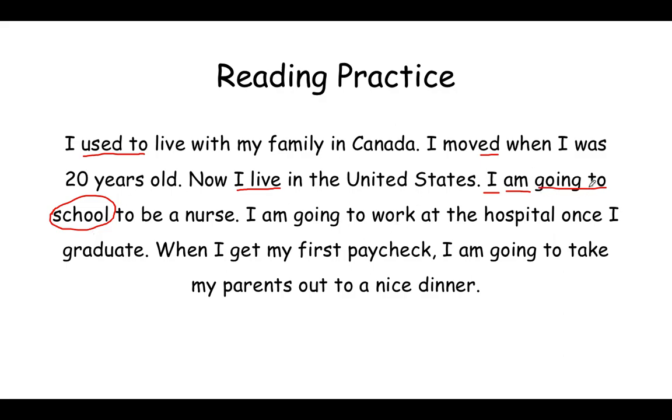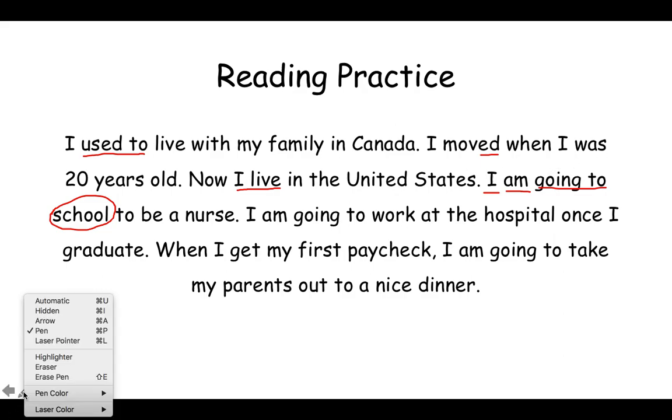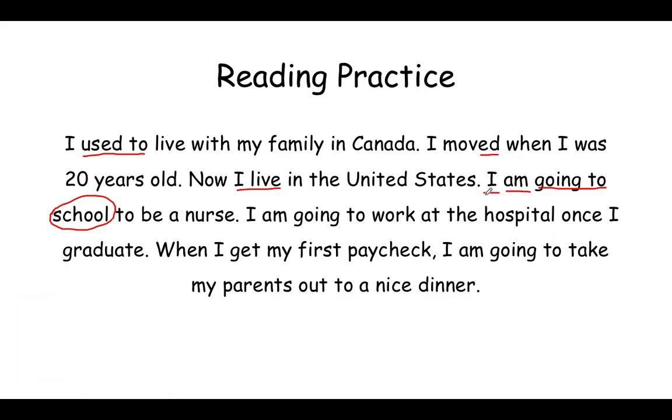If someone says, I am going to school, instead of going to meaning future tense here, this means present tense. This sentence right here is talking about present tense, because it says, I am going to school.